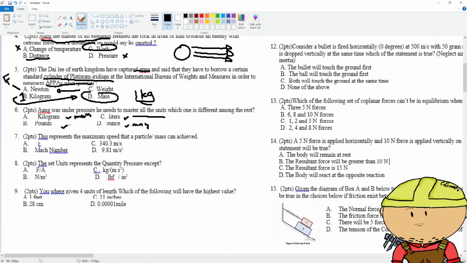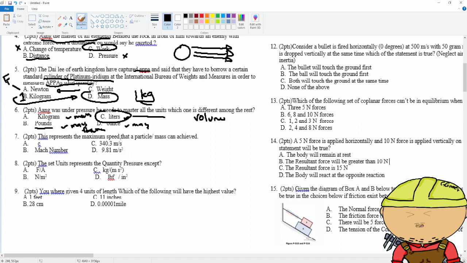Pounds normally can be mass and force, but since pound force is not highlighted or emphasized, this will be assumed as mass. Then liters. Okay, liters is for volume. So liters is the different among the rest.